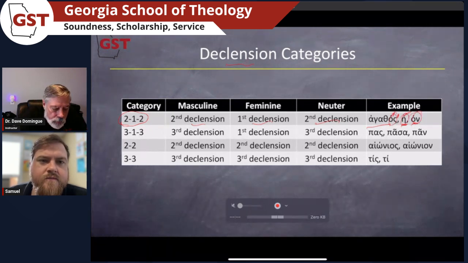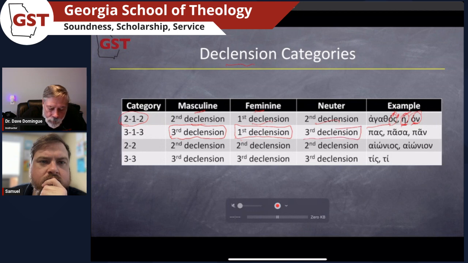Sir. Third declension, there's a 3-1 pattern, right? A 3-1 pattern would be for the masculine, feminine. So some words will, in fact, follow the first declension, even though the masculine follows a third declension, and the neuter follows a third declension pattern, such as the word pas, asa, pan, right? These are adjectives.